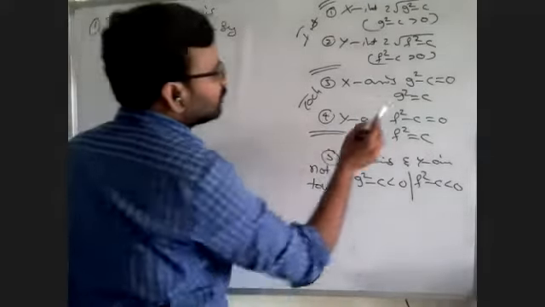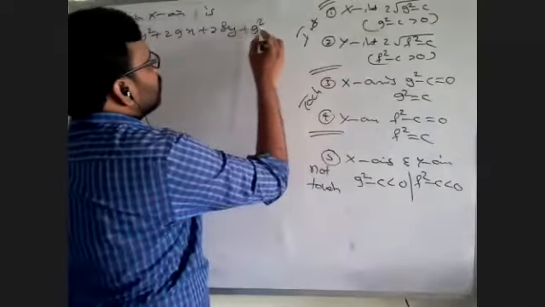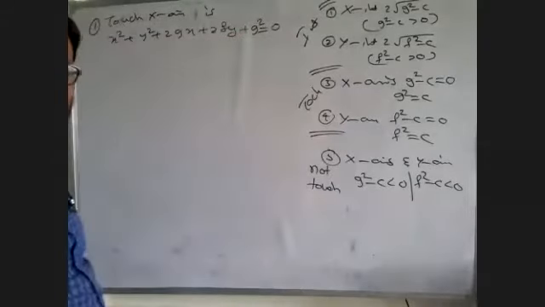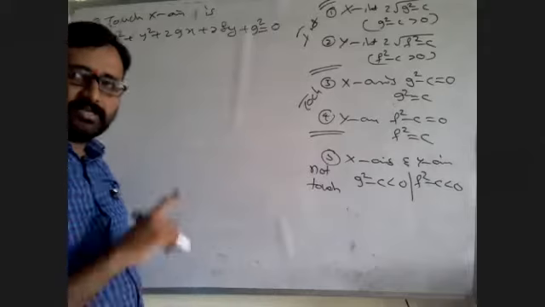Here c is g square, so g square minus c is equal to 0. Touches x-axis. X-axis ni touch చేస్తే ఈక్వేషన్ ఎలా ఉంటుంది అంటే ఇలా ఉంటుంది.